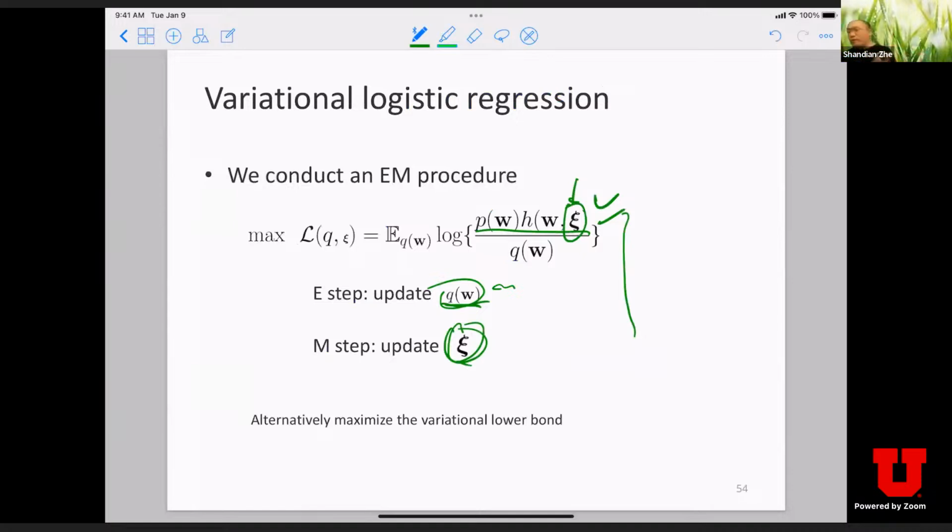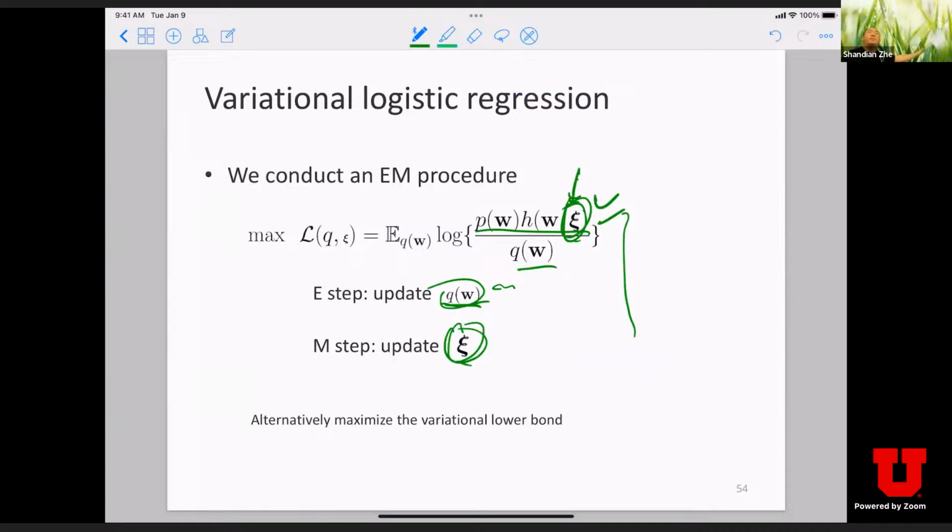And in theory, if the family of ξ is chosen to be arbitrarily rich, and ξ is chosen accurately, this lower bound can reach the original joint probability.